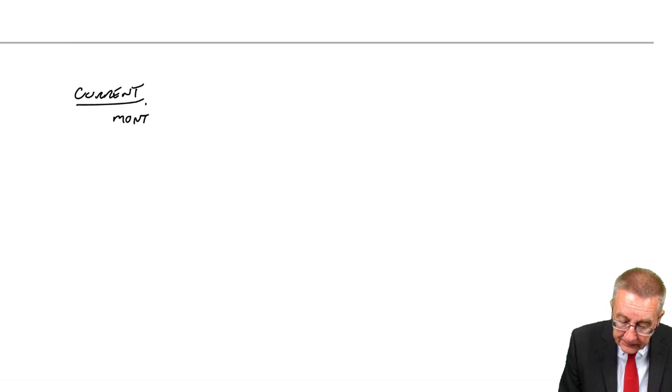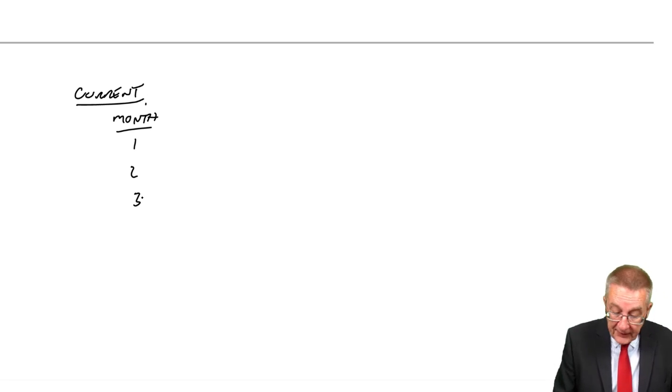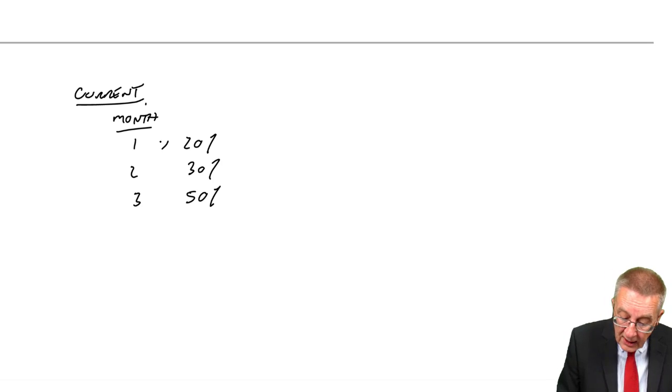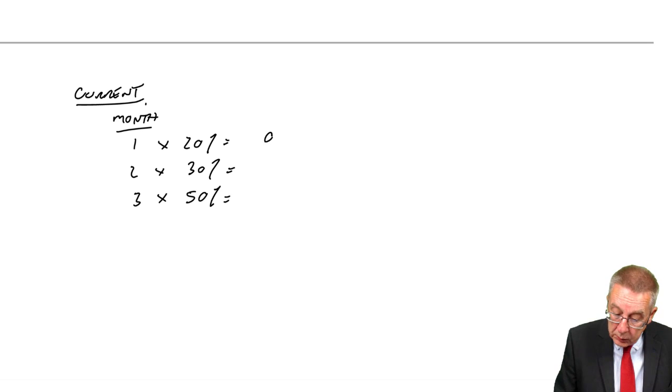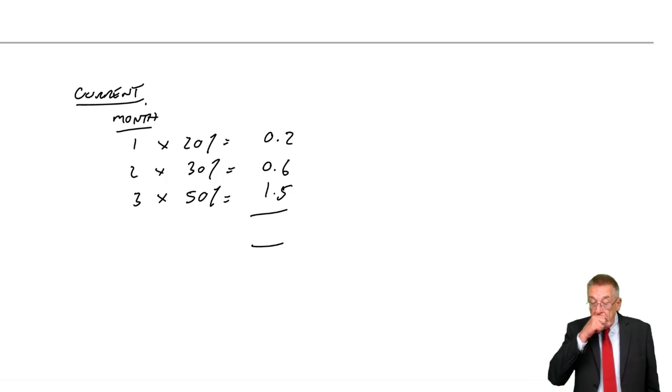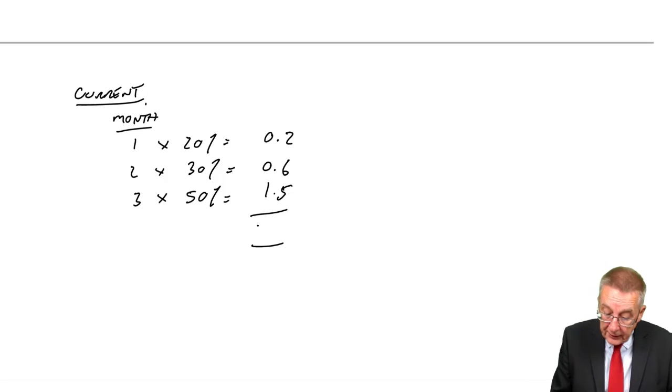So currently, it's 1 month, 2 months, 3 months, 20%, 30%, 50%. And so the average collection period, 0.2, 0.6, 1.5, an average period of 2.3 months.